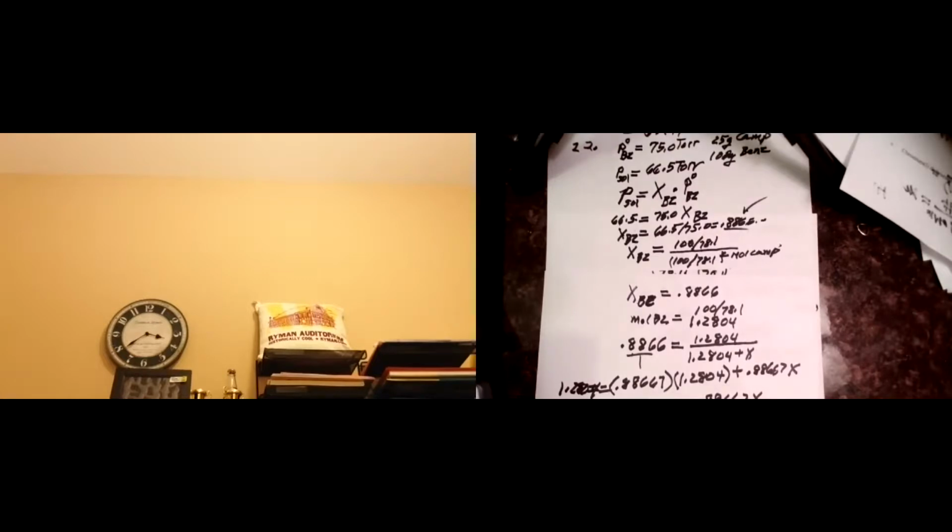Now, does that look right? Okay, so X now is going to be this number divided by 0.8867. There we go. And I get 0.16365.